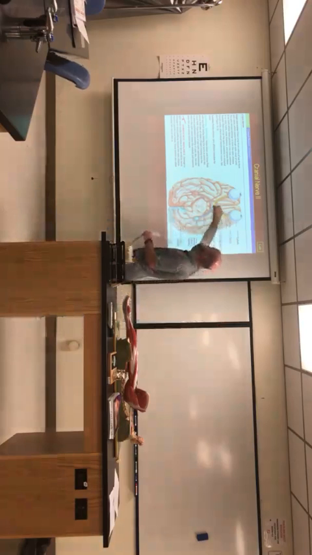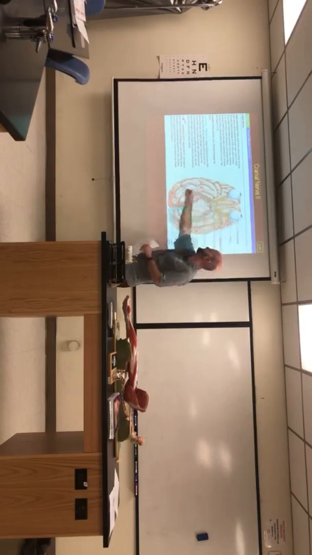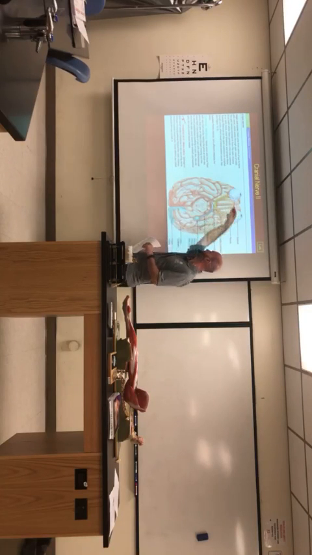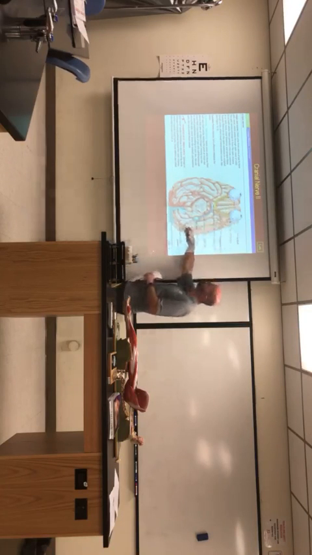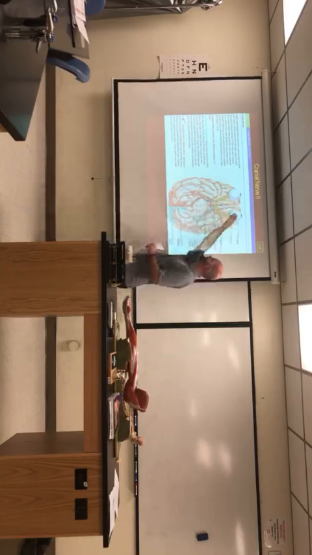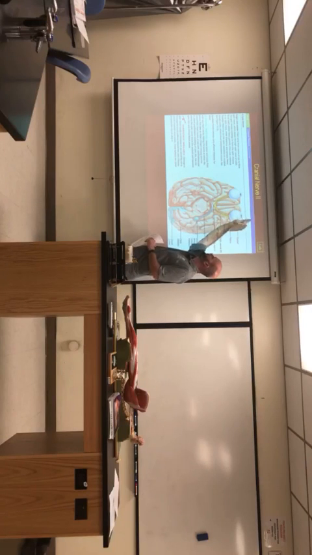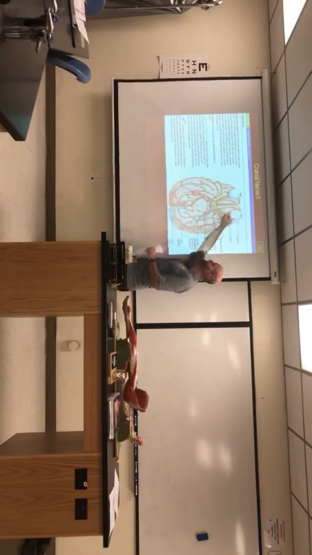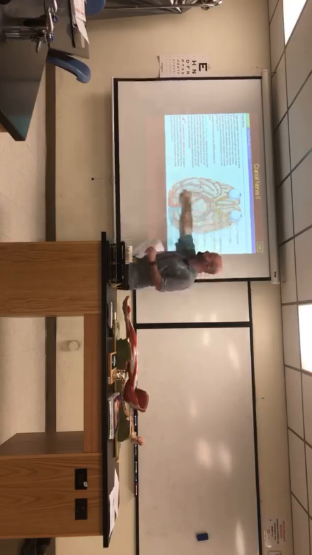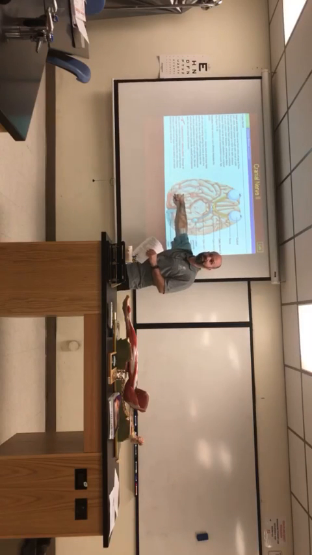The color coding here is a reminder that half of the information from the right eye goes to the left cerebral hemisphere, and half the information from the left eye goes to the right cerebral hemisphere. Basically, what's crossing is information from the contralateral visual field. Each eye has a left visual field and a right visual field. The right visual field from the right eye goes to the left hemisphere, crosses over.